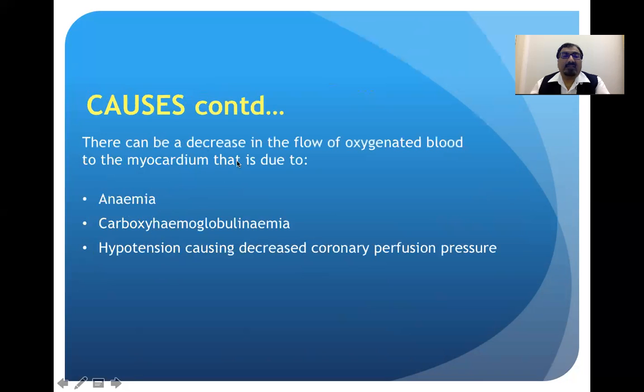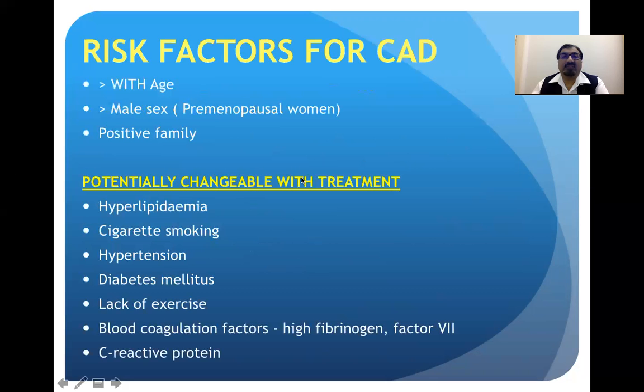There are some other causes which may contribute to decreased flow of oxygenated blood to the myocardium and decreased oxygenation, such as anemia, or carboxyhemoglobinemia. Hypotension may again decrease the coronary perfusion pressure.